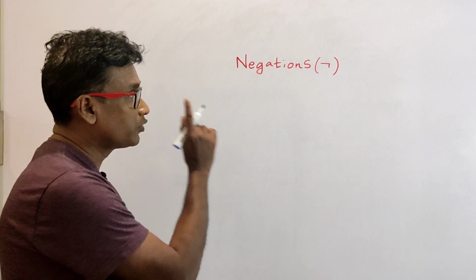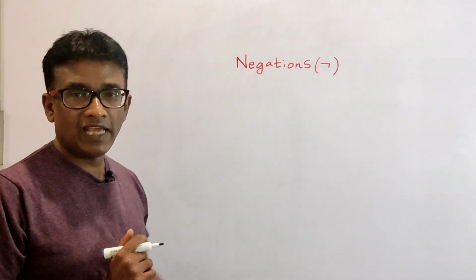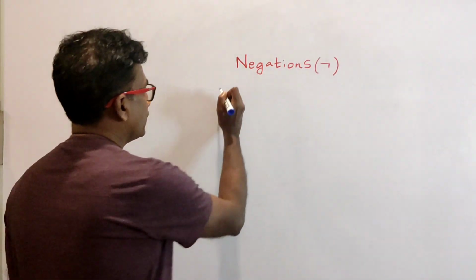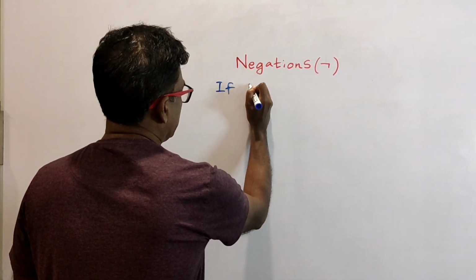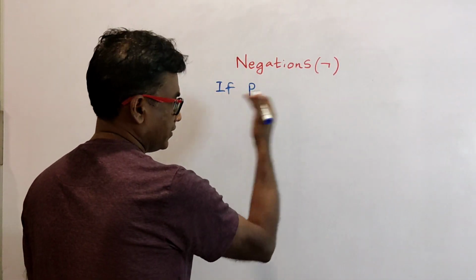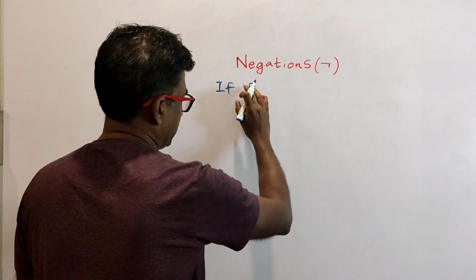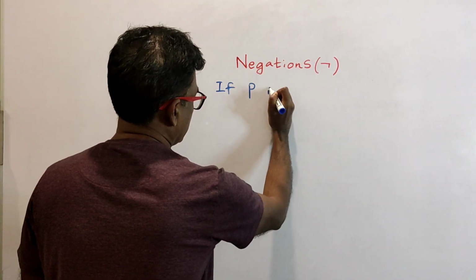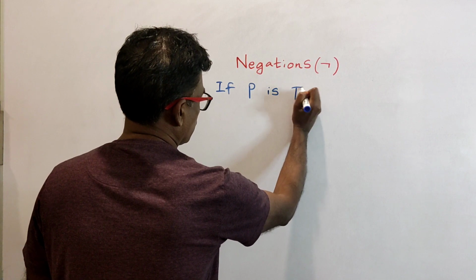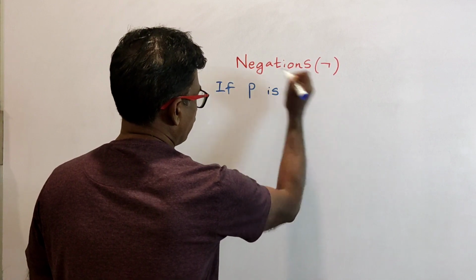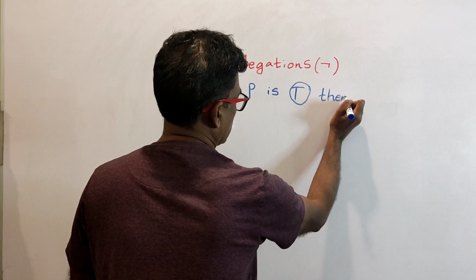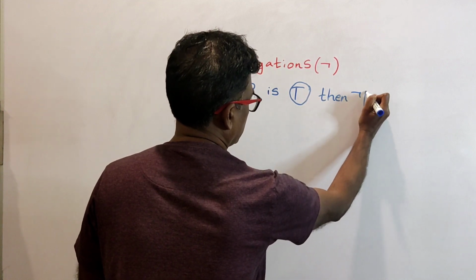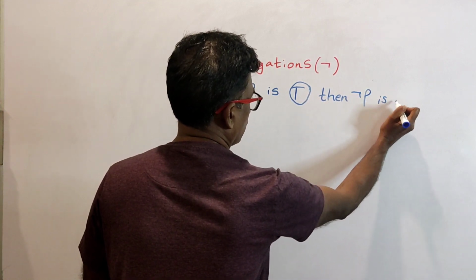So what is the rule associated with negations? This is the rule. If P is any atomic proposition, if the truth value of P is true, then not P is false.